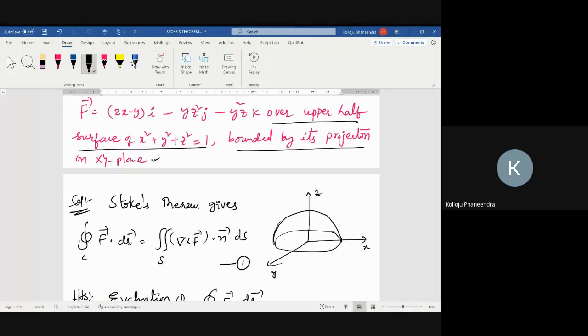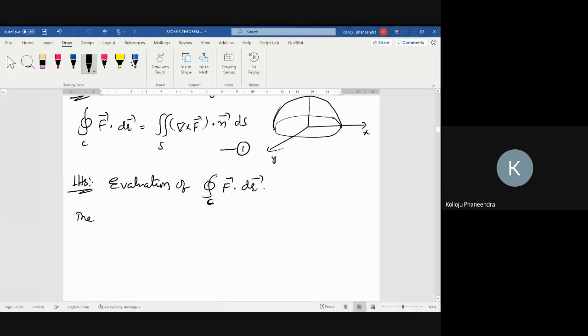So let me write the upper half of the surface x square plus y square plus z square equal to 1, or you can write it as the projection of the upper half of the sphere in the xy plane.